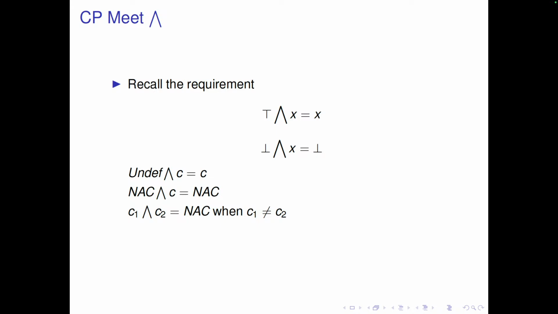Now from this point onward, if they are different, then it is NAC, but if both of them are the same, then it continues to be the same constant. Okay, is this idea clear? You are given a point, and depending on incoming information you are declaring whether at that point the variable is going to have a constant value or not.